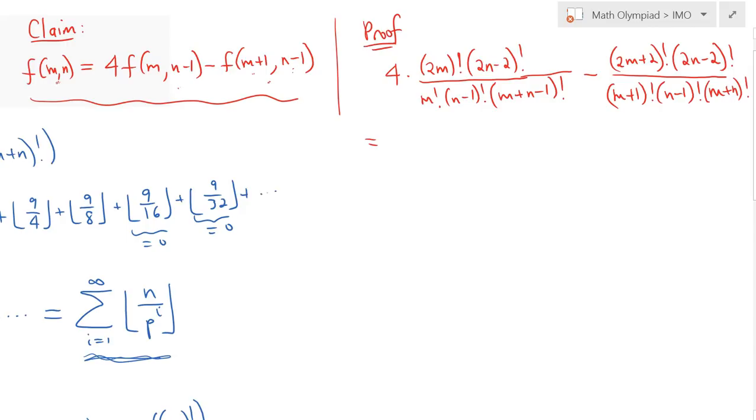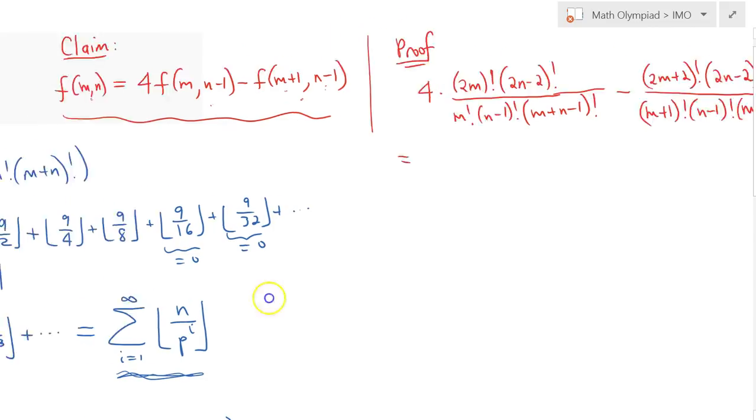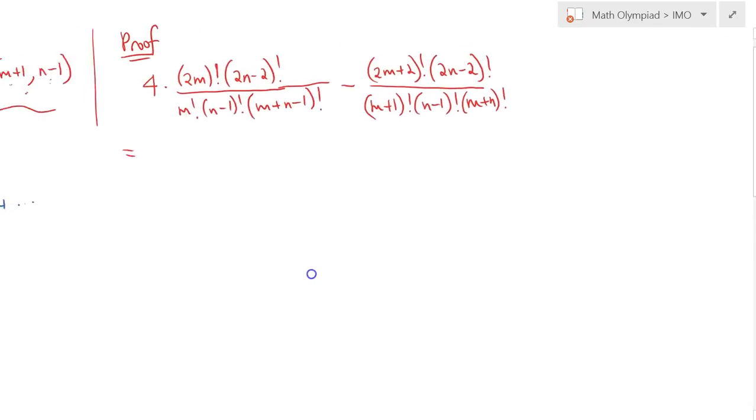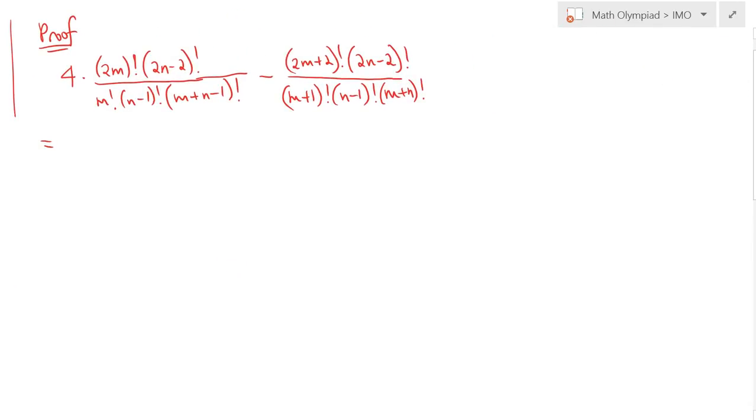Remember that I'm trying to liken this expression to this one. So let's try to get the same denominator, m! n! (m plus n)!. I already have an m! here. In order to make it n! here, I will need to multiply both the numerator and the denominator by n.